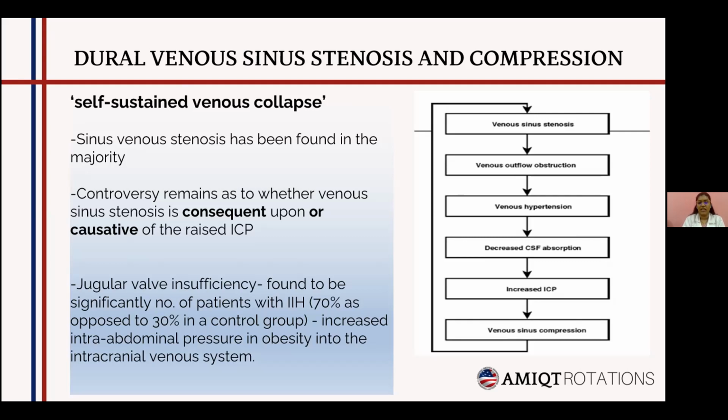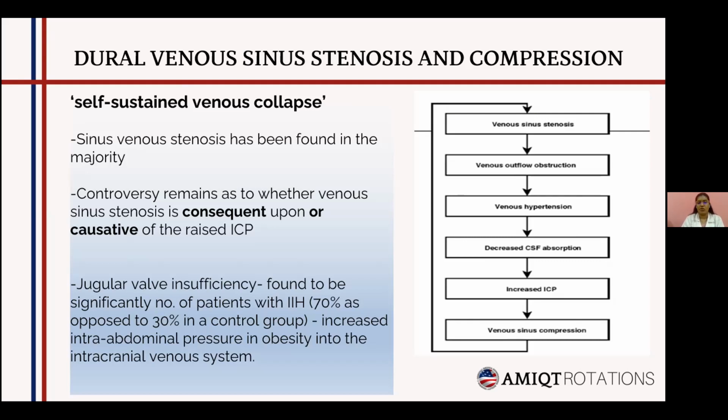It is seen that venous sinus stenosis can cause a venous outflow obstruction, thereby causing venous hypertension and decreasing the CSF absorption, and ultimately increasing the intracranial pressure. This raised intracranial pressure can in turn cause a venous sinus compression. So the controversy finally remains whether the venous sinus stenosis is a consequence of a raised ICP or is it the causative factor for the raised ICP.